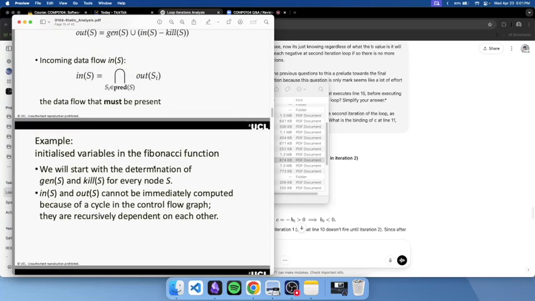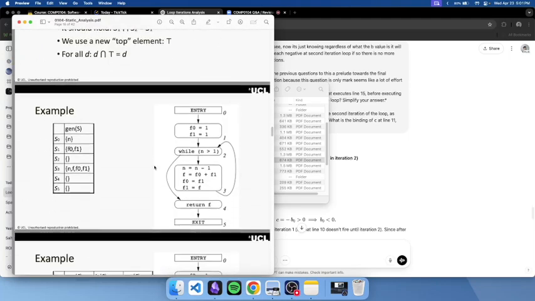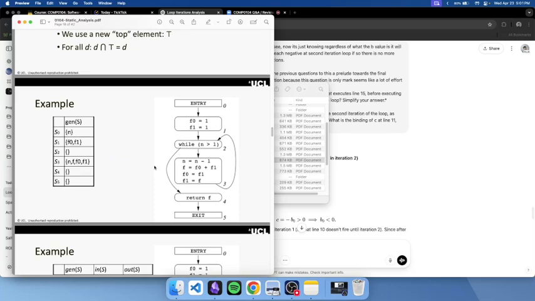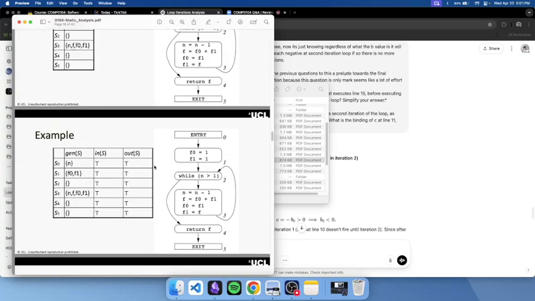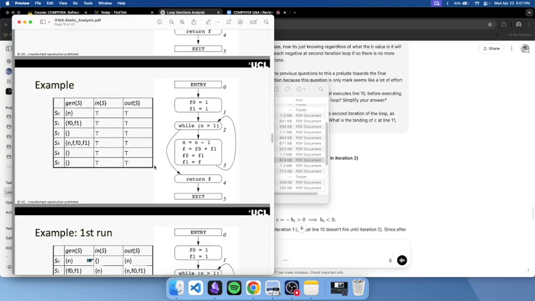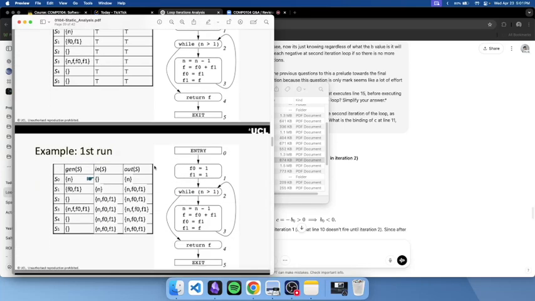So we just copy the outset of block 2 into the inset of block 4, which is NF0, F1. And you can already see there's no impact of block 3 at all, because block 4 is not connected to block 3. And the rest is straightforward.